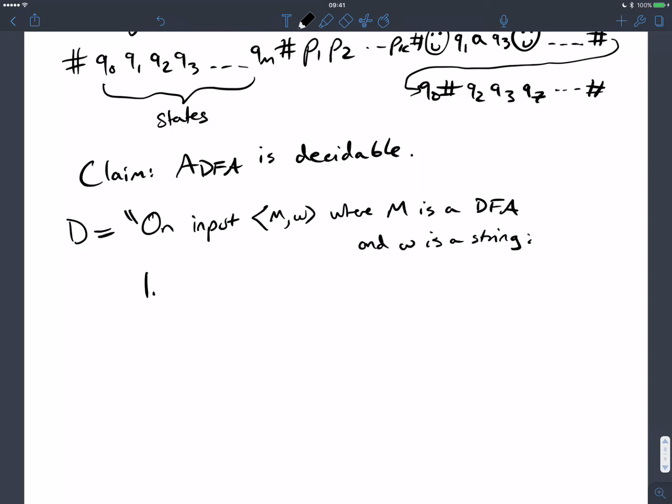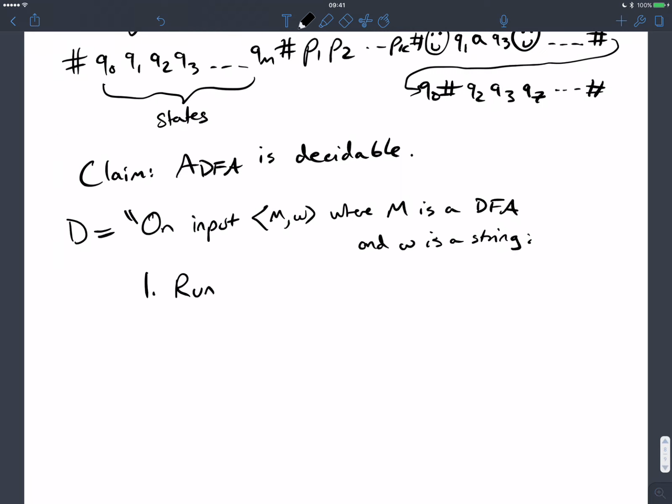Now, once the machine has verified it is a DFA and an input string, how could I check whether that DFA accepts that string or not? Don't think too hard. Just run the machine on the input.